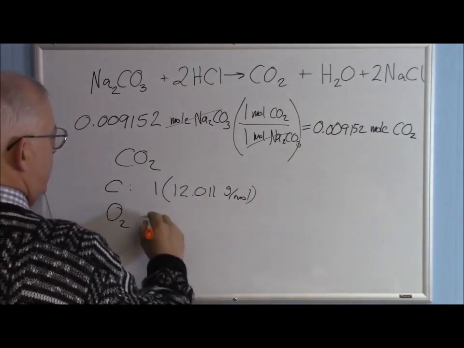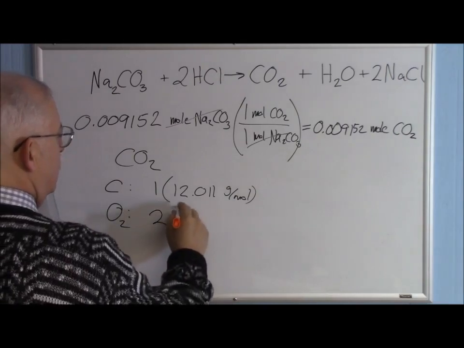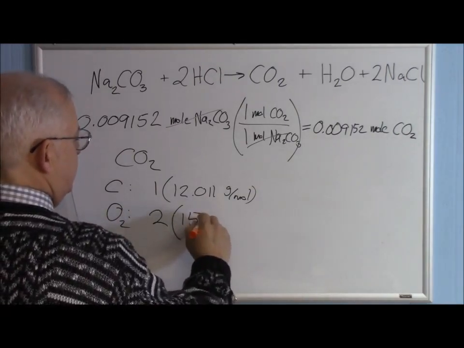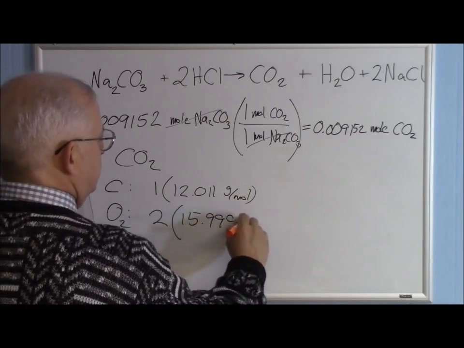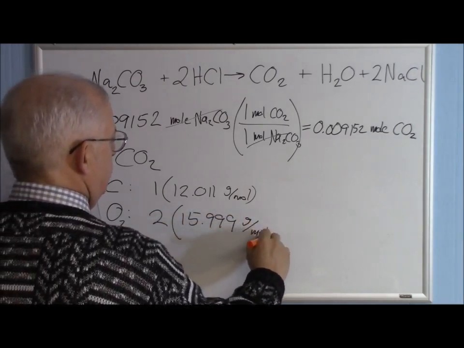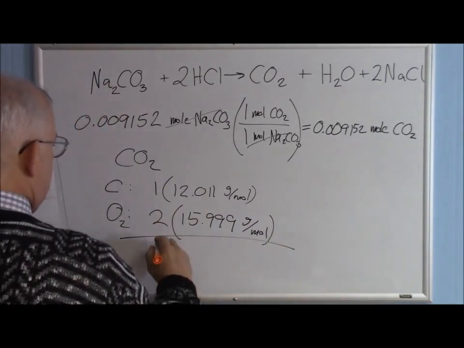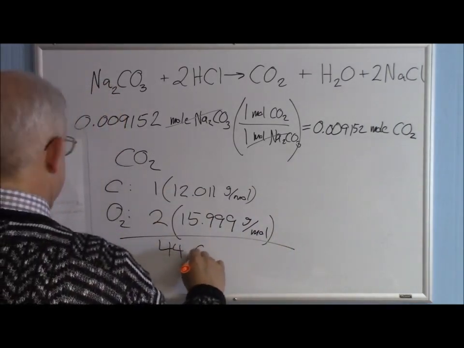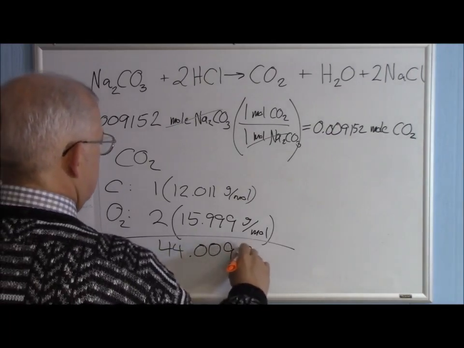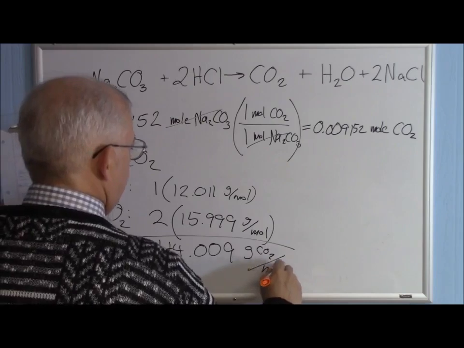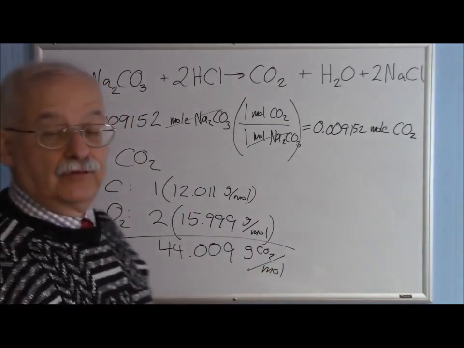For oxygen, we're having 2 times the atomic mass of oxygen, which is 15.999 grams per mole. And if we add up those products, we get 44.009 grams of CO2 per mole. So that is the molar mass of CO2.